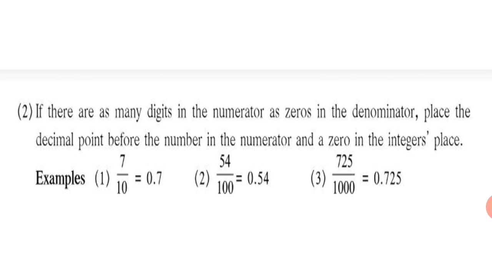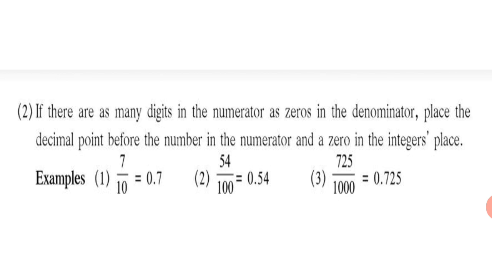Now, if there are as many digits in the numerator as zeros in the denominator, look at example 1. We have 1 zero in the denominator and 1 digit is present in the numerator. Then what to do? Place the decimal point before the number 7 in the numerator and a 0 in the integers place.